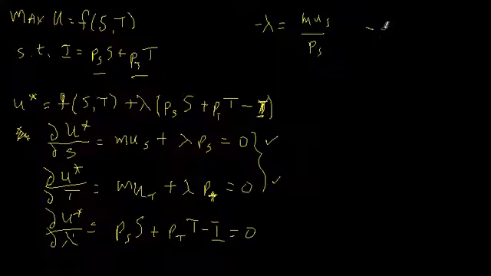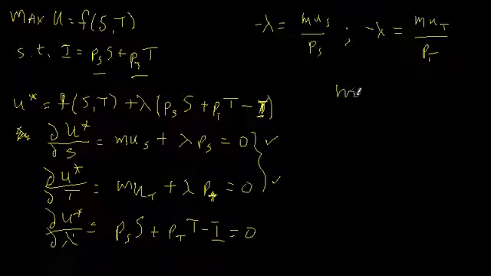That's going to be minus lambda equals MUT over PT. Now, since two things equal to the same thing are equal to each other, we see that the rule for maximizing utility is MUS over PS is equal to MUT over PT.